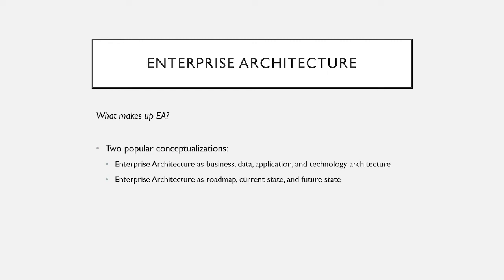Well, the way in which we conceptualize it is what enterprise architecture is. And right now, there's two popular conceptualizations I want to look at. First, we have enterprise architecture as business, data, application, and technology architecture, and enterprise architecture as roadmap, current state, and future state.